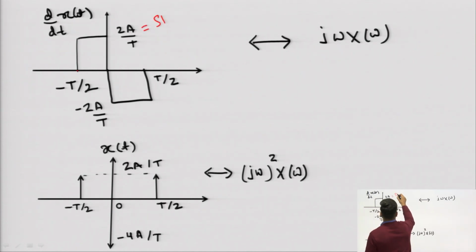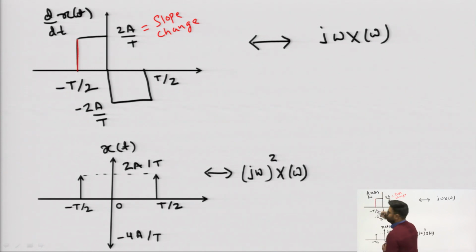It will rise to 2A by T units at minus T by 2, and it will remain at 2A by T until the next slope change occurs.